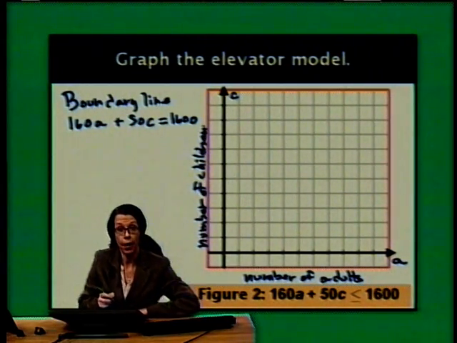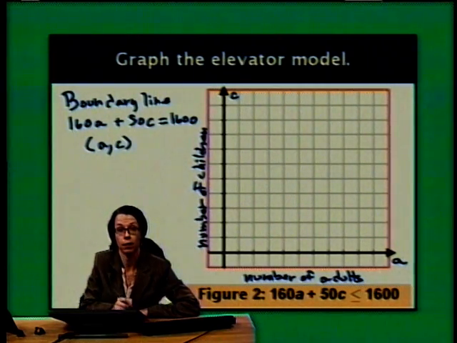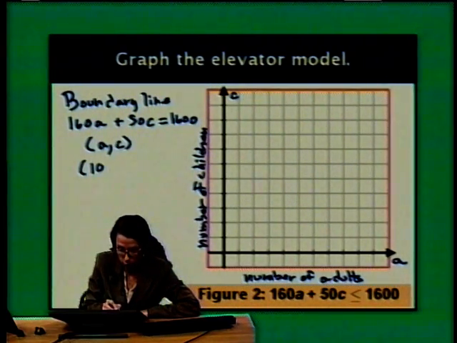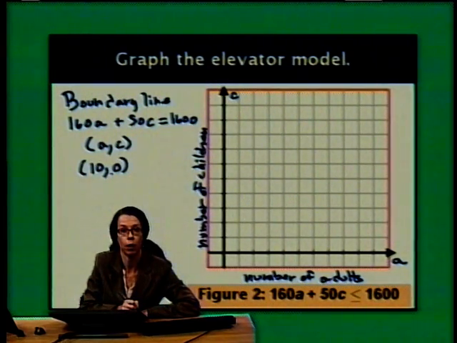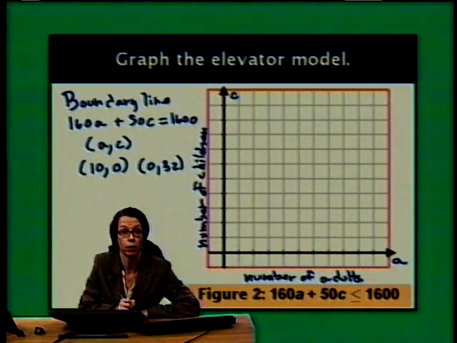So the ordered pairs that I'll be using will be of the form (A, C). Let's see if we can figure out what the intercept should be. If C is 0, then A needs to be 10. So the point (10, 0) will be on the graph. If A is 0, then C is going to be 32. So the point (0, 32) is on the graph.